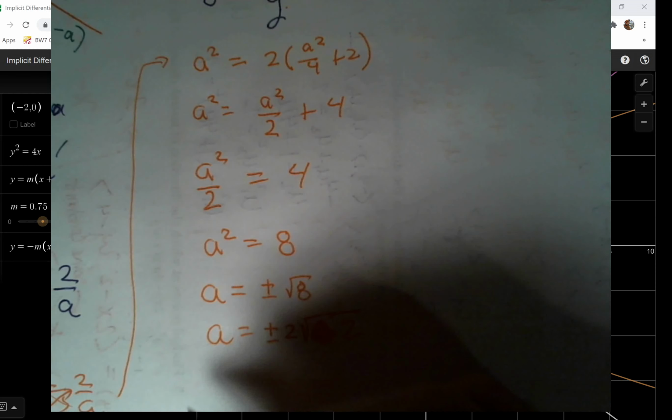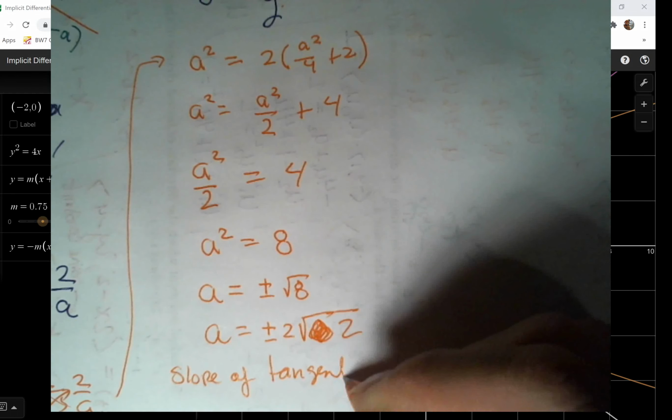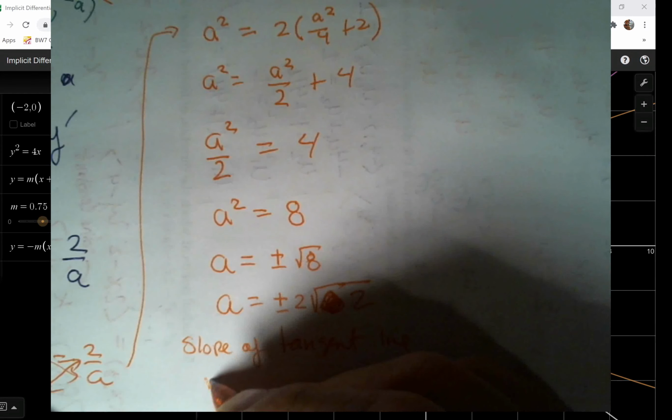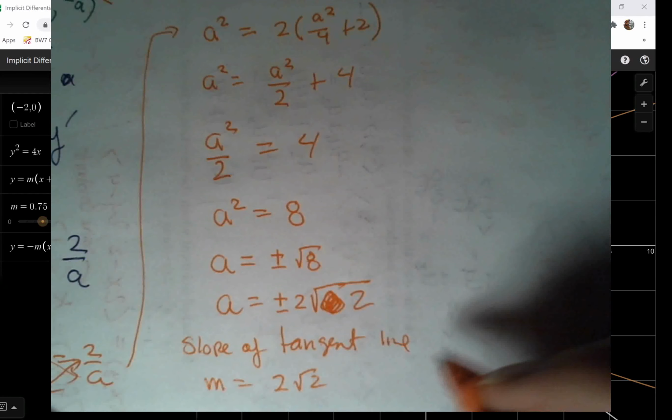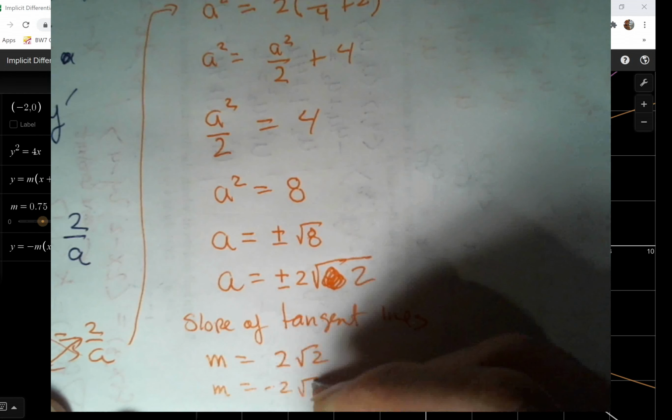So the slope of the tangent lines is going to be 2 root 2 and negative 2 root 2.